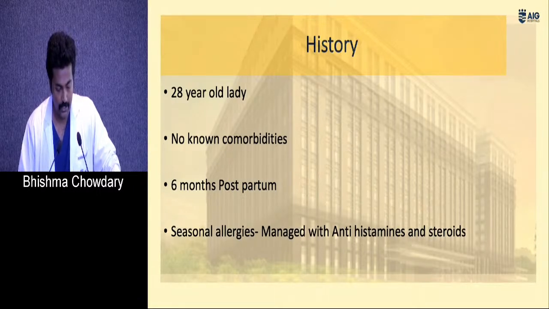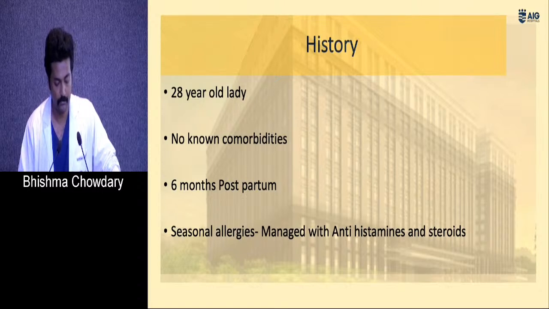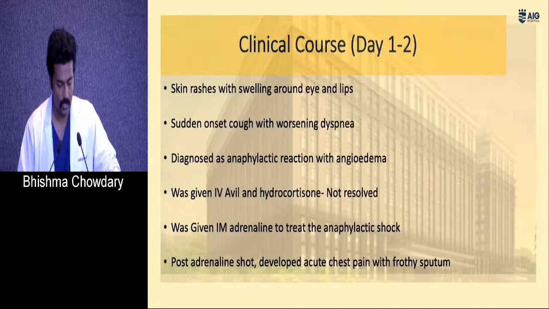She was a 28-year-old lady with no known comorbidities, 6 months postpartum. She occasionally had allergies, for which she was managed with antihistamines and steroids. Suddenly one day she had skin rashes with swelling around the eye and lips like an angioedema, and started having cough.